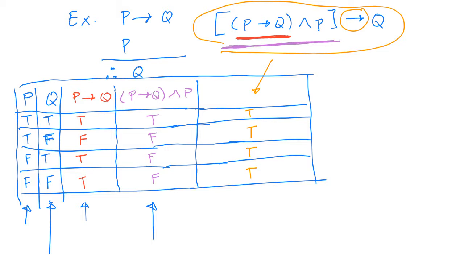So looking at the outcome now, you have all true values here. So this is what we call tautology. So therefore, our conclusion is valid.